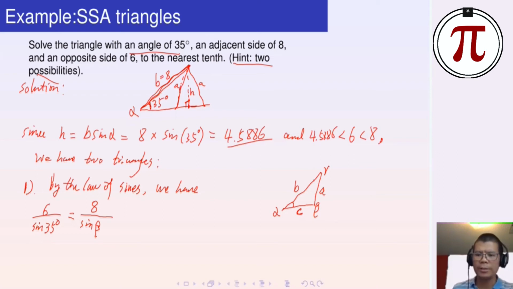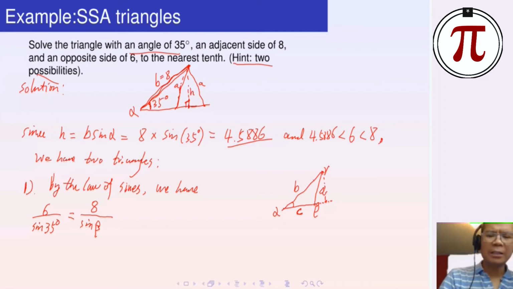Could you use the Pythagorean theorem? But how? 6 squared and 8 squared equals c squared? No, that's not a right triangle. So you have to be careful on that.